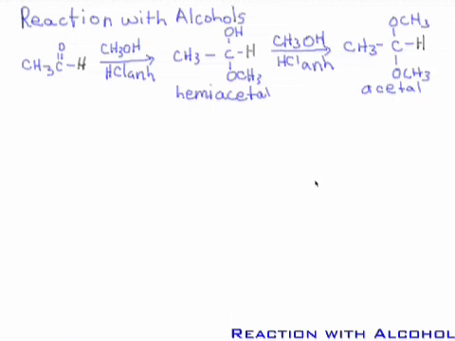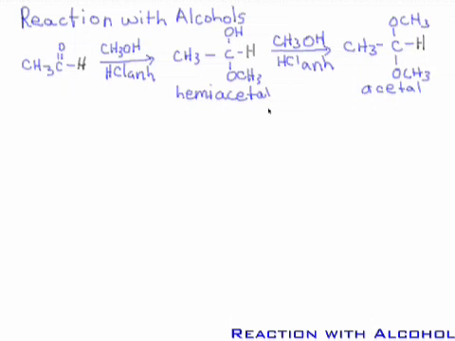Now, there are two things that are very important in this reaction process, and that is being able to identify when you have these functional groups, hemiacetal and acetal, and secondly, the mechanism of formation. So we're going to look at both of these right now.